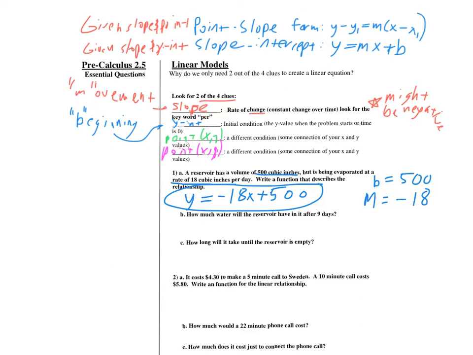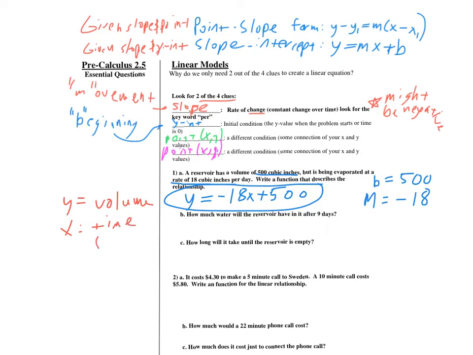All right, next up here, how much water will the reservoir have in it after 9 days? I need to label my variables here. The y-intercept, 500, was the volume. So y is the volume of the reservoir, and x means time.